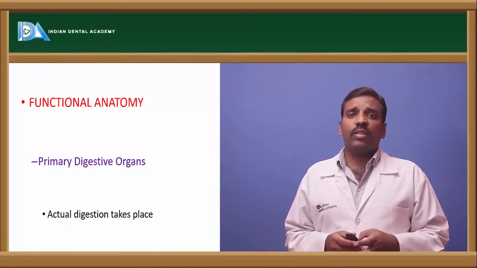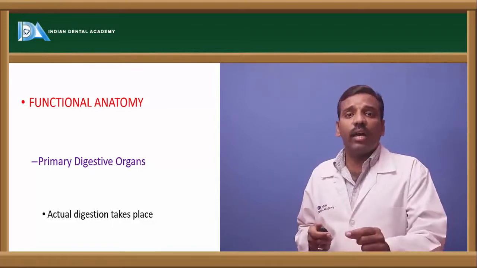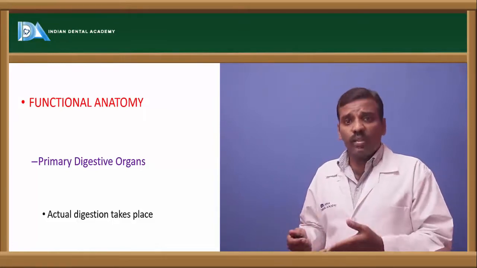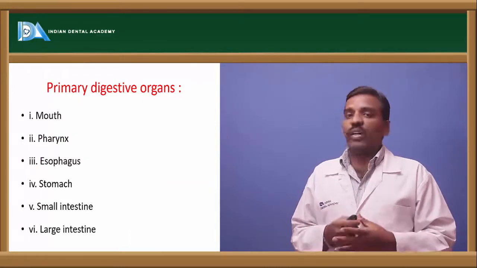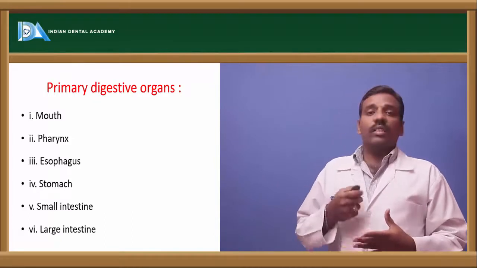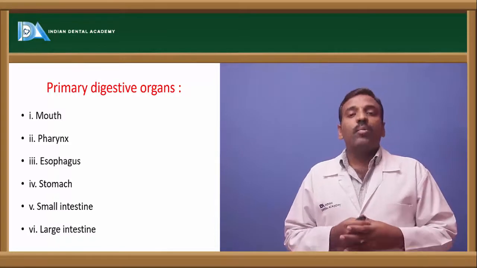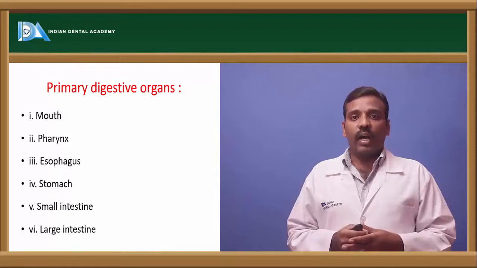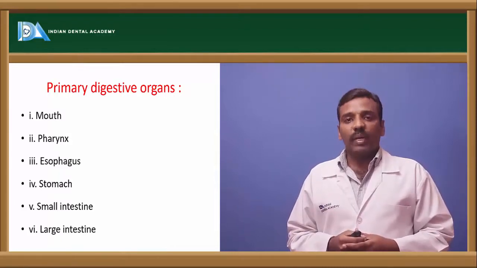Digestion actually takes place in these organs. They are the mouth, pharynx, esophagus, stomach, small intestine, and the large intestine. In all these primary digestive organs, the digestion process takes place directly.